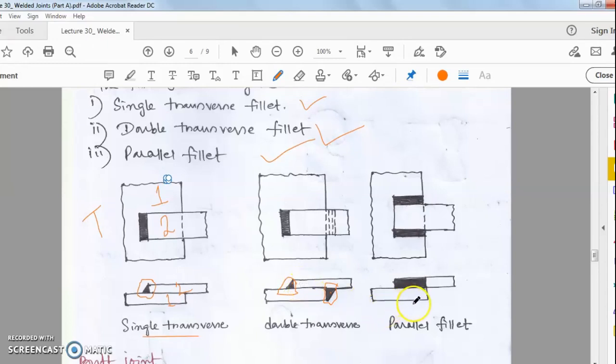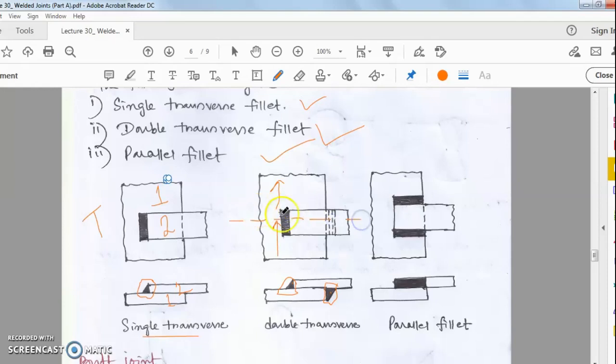Now one thing you will have to note is that here the welding is done this particular way, from here to here. But the horizontal axis of these welded metals is like this.